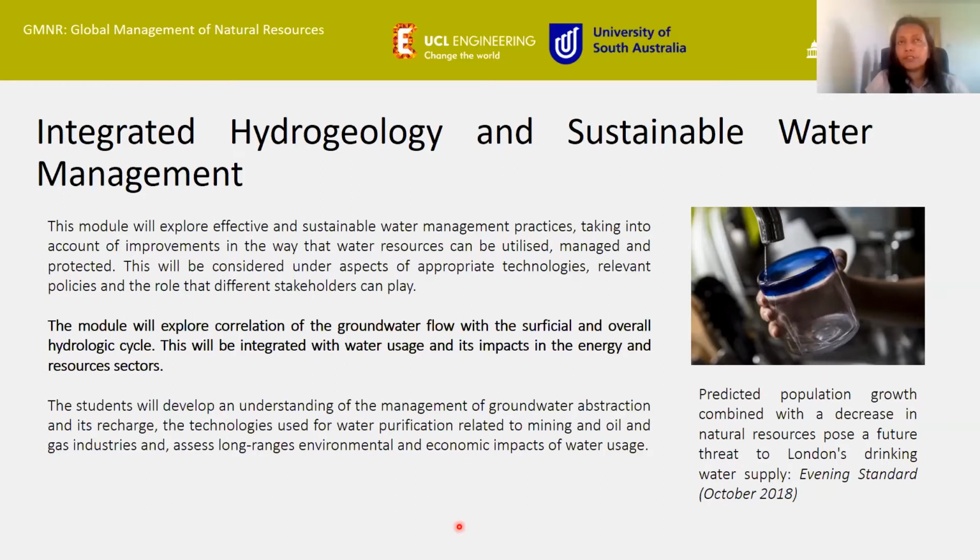And then we also have to take into picture the forecasting, looking forward and doing some modeling as to how the population is going to grow in the future, as well as how this natural resource that's available to us is going to change in the future. So that is very important in order to plan our water management.